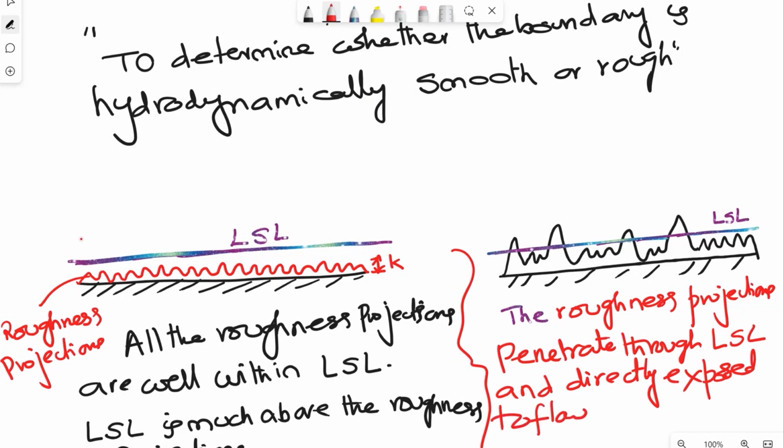Here the flow is above it. In the earlier case, the roughness projections are not subjected to flow because the laminar sublayer is protecting them. Here, the roughness projections penetrate through the laminar sublayer and are directly exposed to the flow.